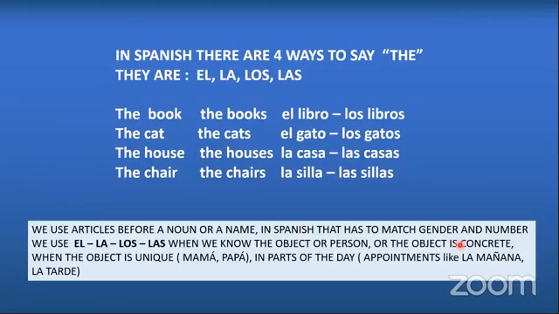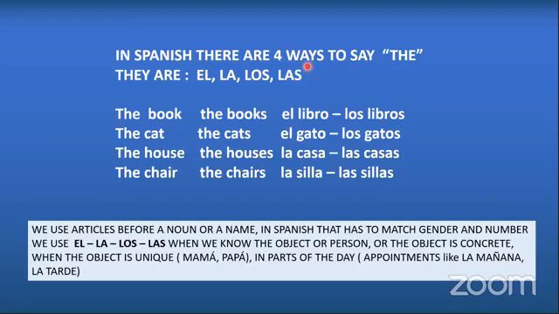What happens in Spanish? We have 4 ways to say the. It depends on the gender and the number. Gender and number, gender and number, gender and number. Remember that. So if it's a male, it's going to be el, female, la, and the respective plurals, los and las.